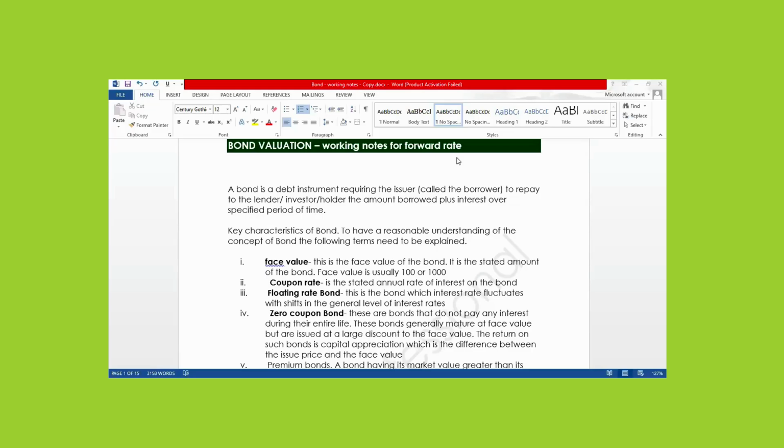Floating rate bond. A bond with interest rate fluctuating in line with the market interest rate.